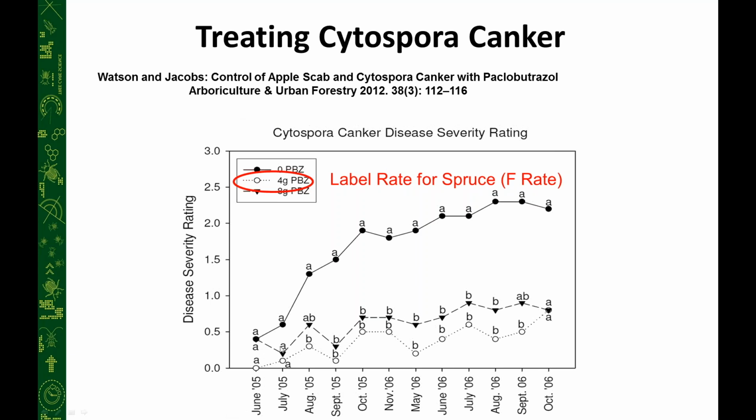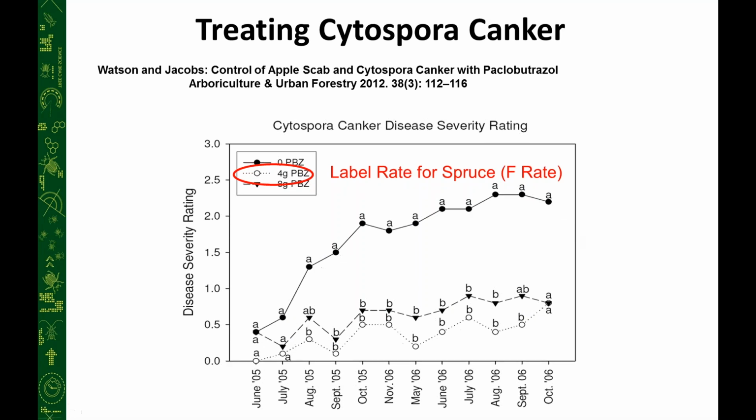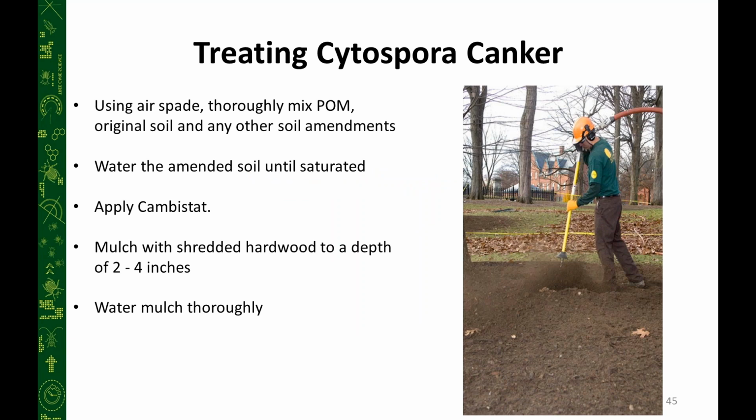And what we are seeing here is that when we apply paclobutrazol, Cambistat, at different rates, we're seeing a reduced incidence of Cytospora Canker when compared to our control or untreated treatments. So we do have data to support the fact that using plant growth regulators like Cambistat can induce an effect in blue spruce to make it more resilient to Cytospora Canker. Again, that would just be one tool in the toolbox.